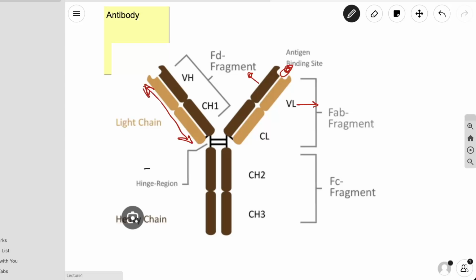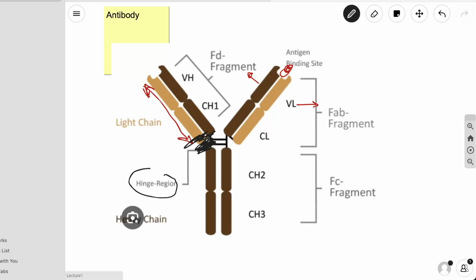So this is the hinge region. I said this hinge region is located between the FAB and the FC, and it allows for flexibility. So the function of this hinge region at this location is to allow for flexibility of the antibody.